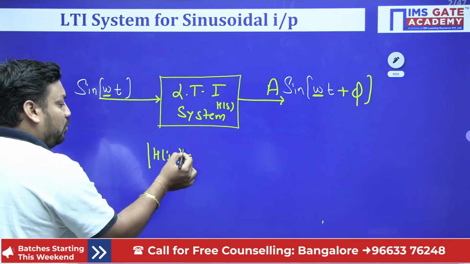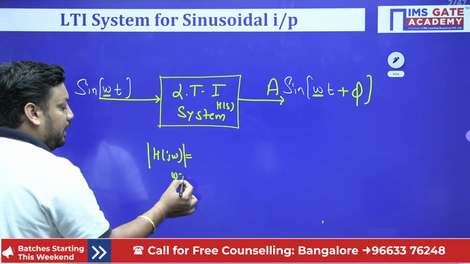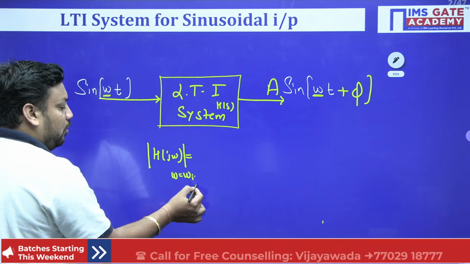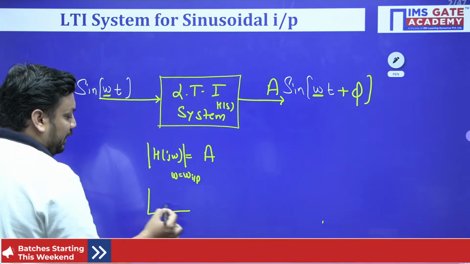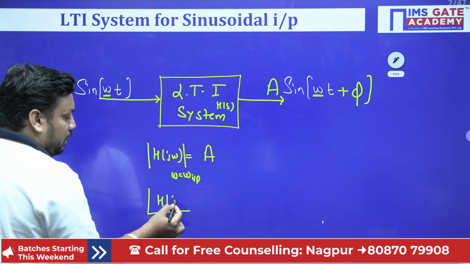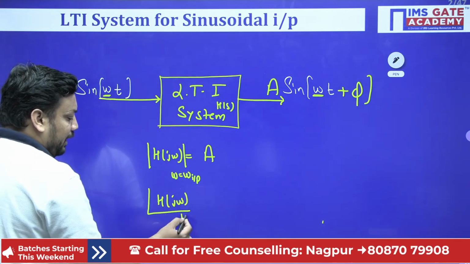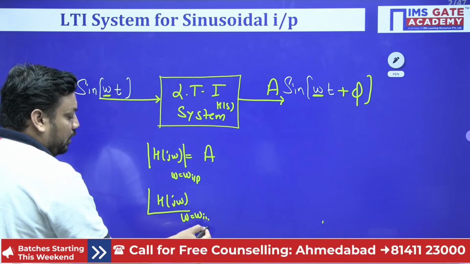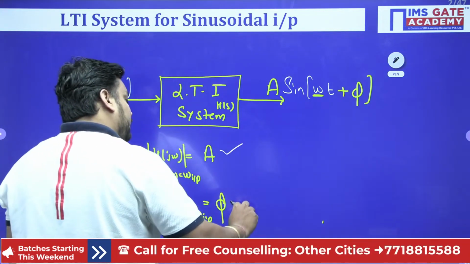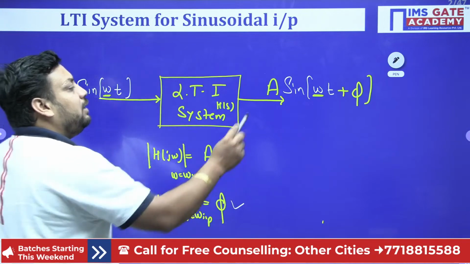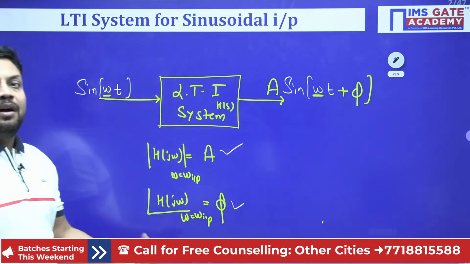The magnitude of H(j omega) at omega equal to the input omega will give you capital A, and the angle of H(j omega) at omega equal to the input omega will give you this phi. Whatever the angle there is, it will come additionally.